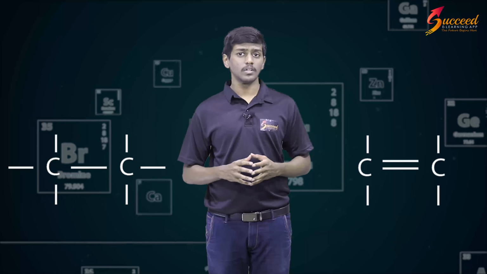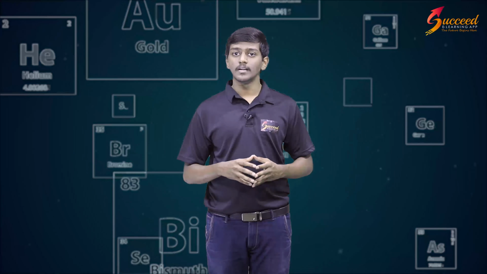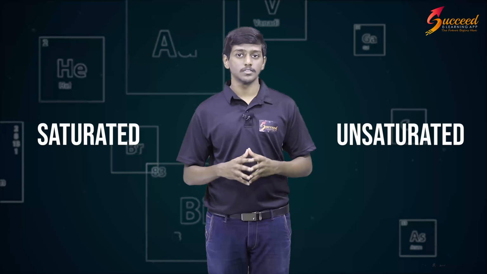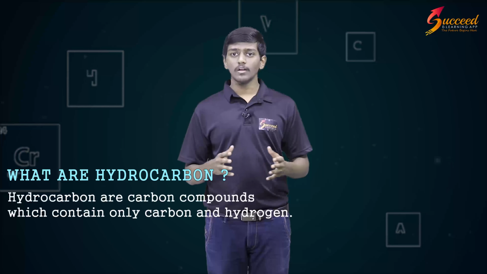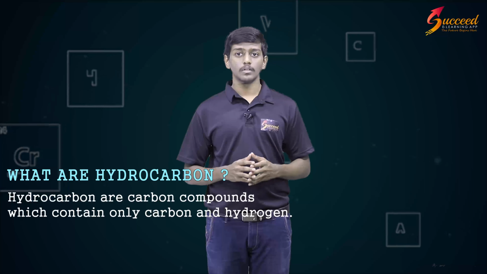We know carbon forms single, double and triple bonds between carbon atoms. Based on the type of bonds, carbon compounds are classified as saturated and unsaturated hydrocarbons. Now what are hydrocarbons? Hydrocarbons are carbon compounds which contain only carbon and hydrogen.